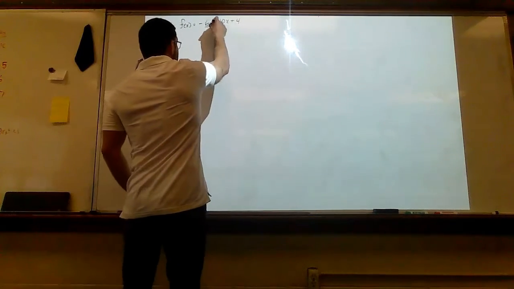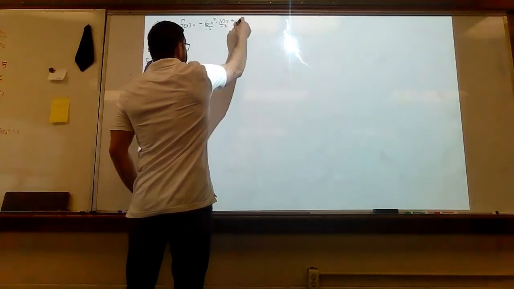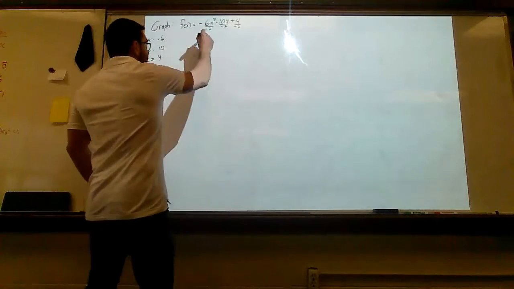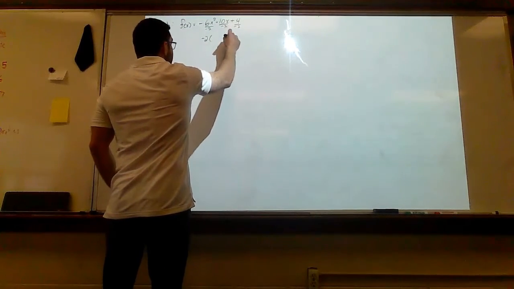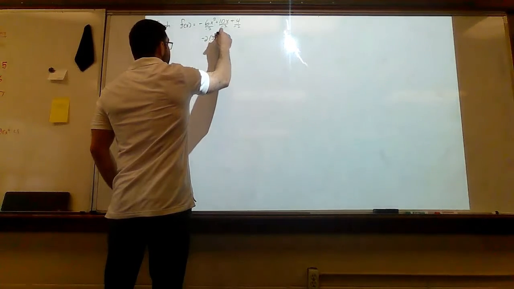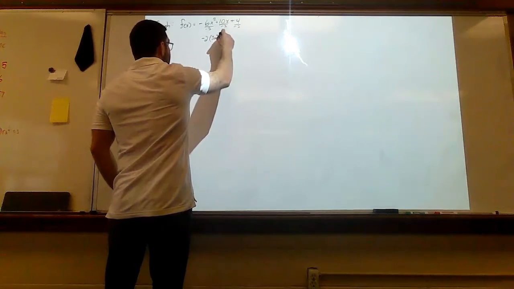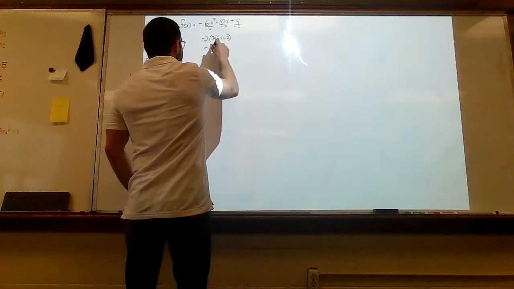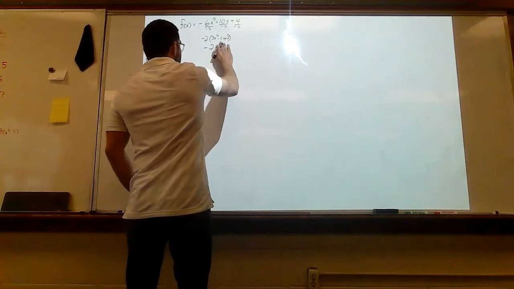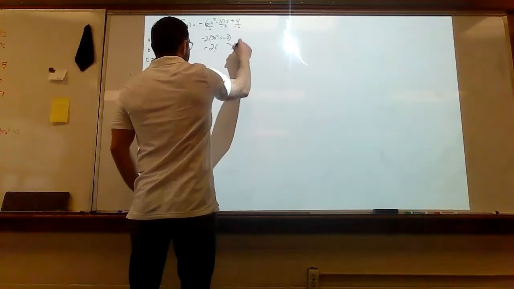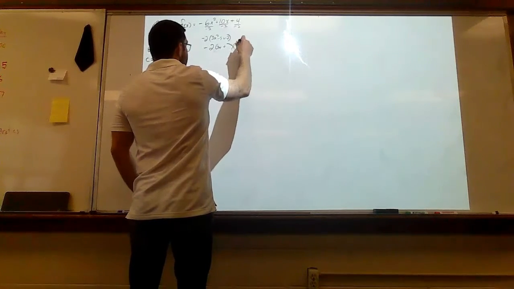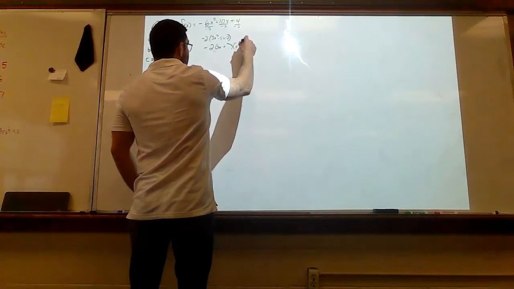If I factor, I'm going to try to do both very quickly. I'm going to factor out my -2. So now I have -2 times 3x squared minus 5x minus 2, which is -2 times (3x plus 1) times (x minus 2).